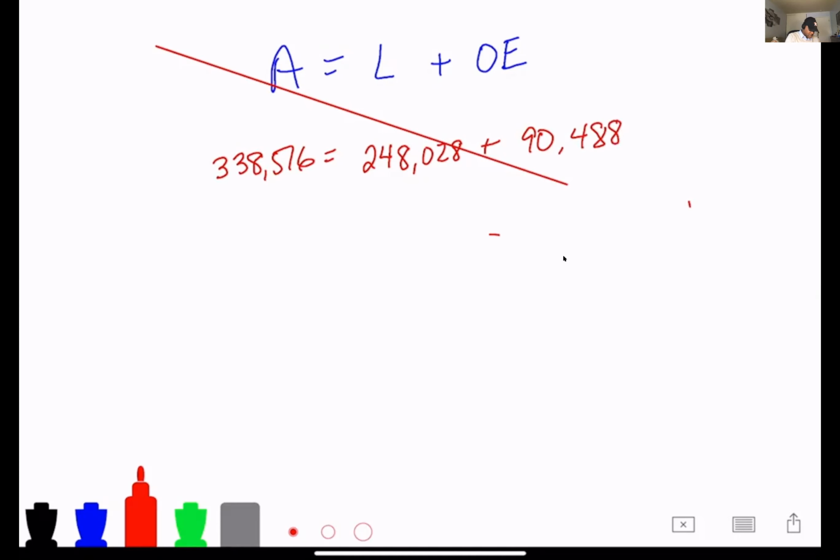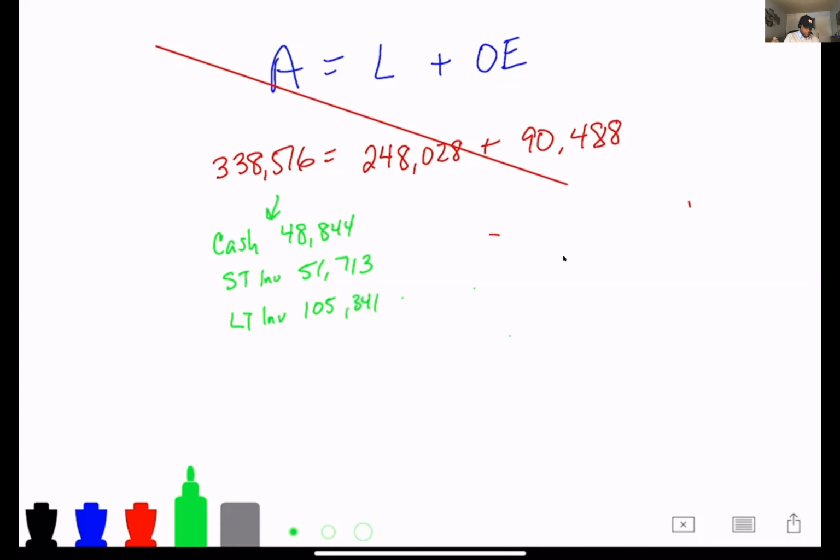But when we break this down, what are these assets made up of, right? They have 844 million in cash. They also had short-term investments of 51,713 million, and they have long-term investments they don't plan to access in the next 12 months of 105,341 million.